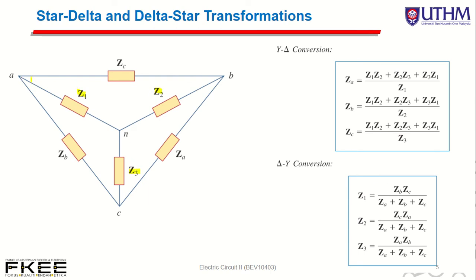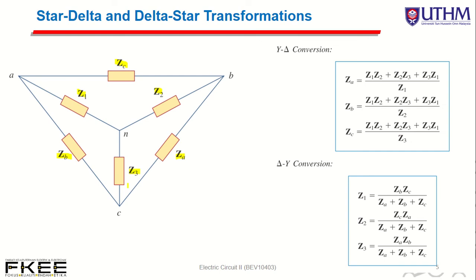This one we call a Y, because it looks like a Y. This one we call a Y connection circuit. And this one we have ZA, ZB and ZC. It looks like a delta, same as delta. So this one we call a delta connection circuit.